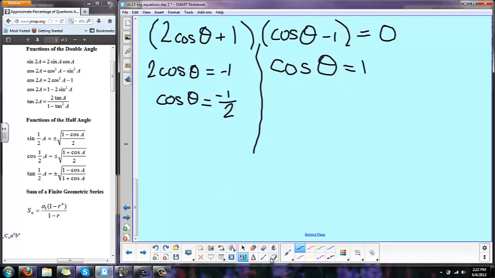Great. So we're going to have a couple of different answers for theta. And the first one, I'm going to take a look over here, and I'm going to say cosine theta is -1/2, so therefore, all students take calculus, where is cosine going to be negative? Cosine is positive in the first and fourth quadrants, therefore it's negative in the second and the third.